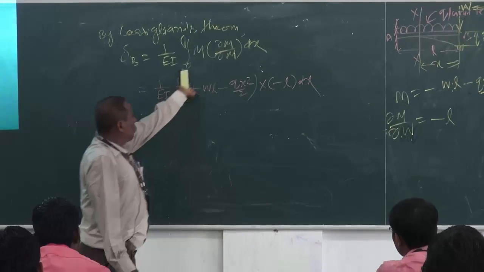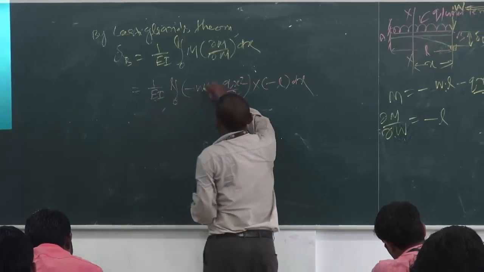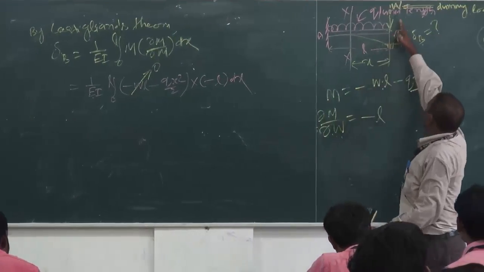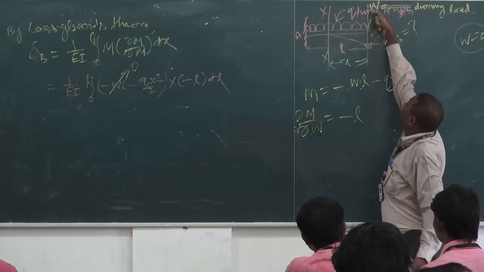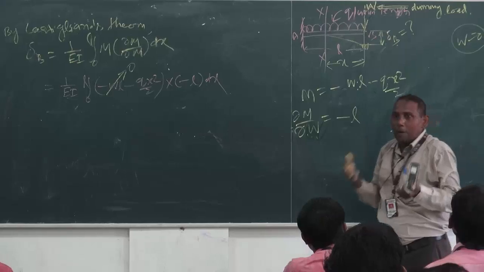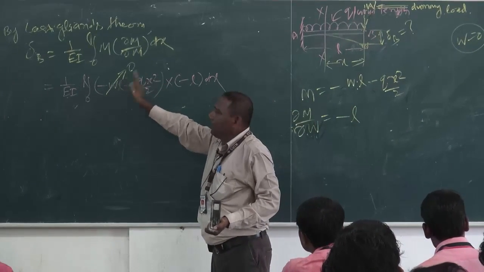And once this quantity comes in the integration, you can take W equal to 0, because you remember that this W is not an actual load. That's why I have shown it by a dotted line, not by a solid line. It is an imaginary load. Its value is practically nothing. That's why once it enters the integration, you make it 0.